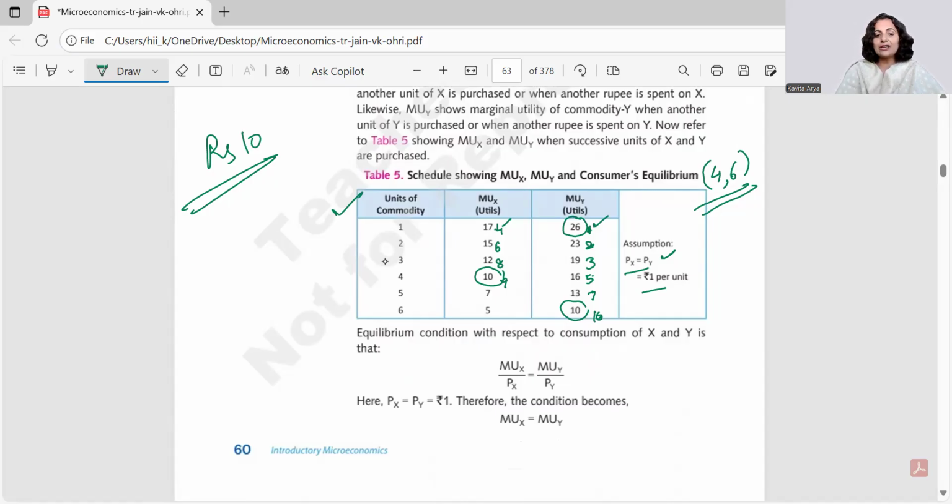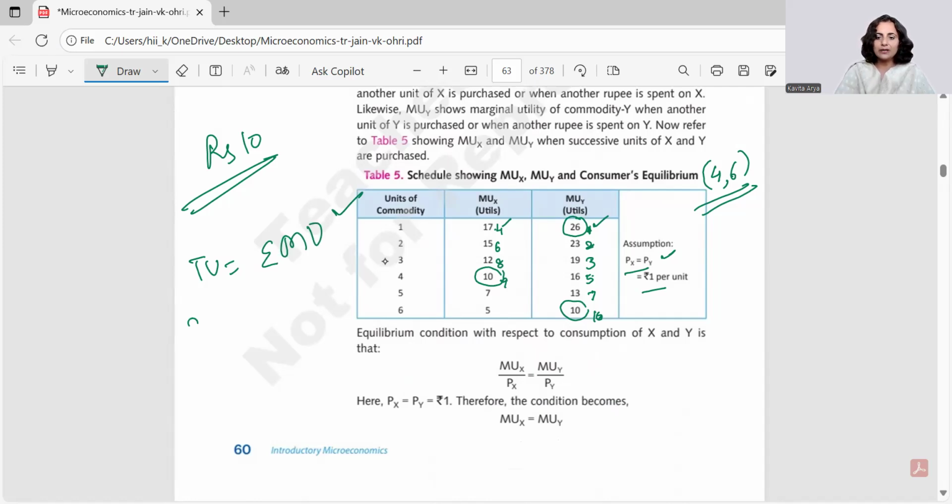Now, what is the TU? This is also required and this is also asked sometimes in the papers. Like if you are given this schedule, what is the TU, total utility earned by the consumer with this expenditure? So you will write TU is whatever. TU is nothing but the sum of all MUs.